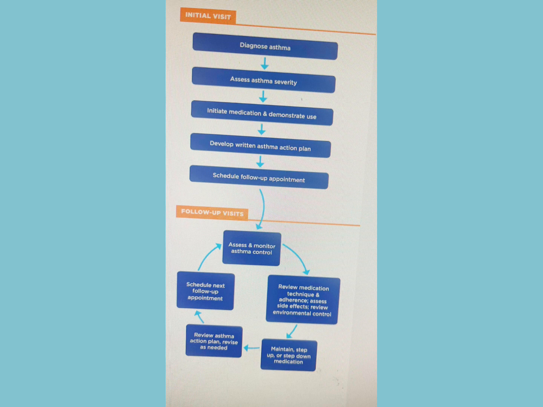Then develop a written action plan. Teach the patients how to monitor their use of SABA, how many days a week, and a lung function test every 1 to 2 years.